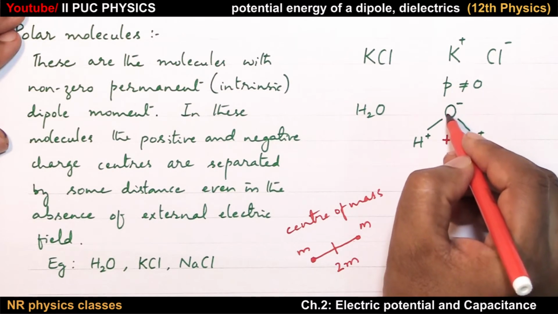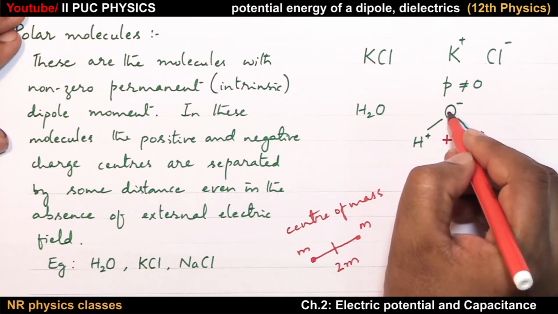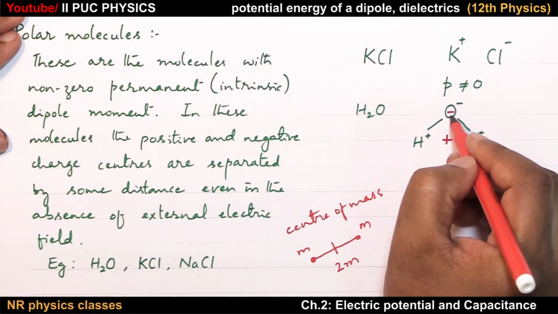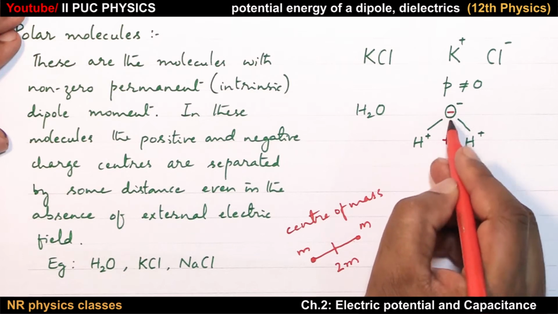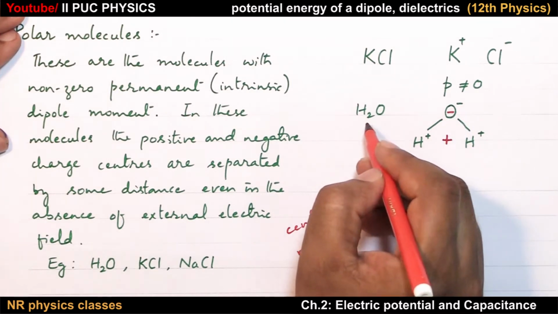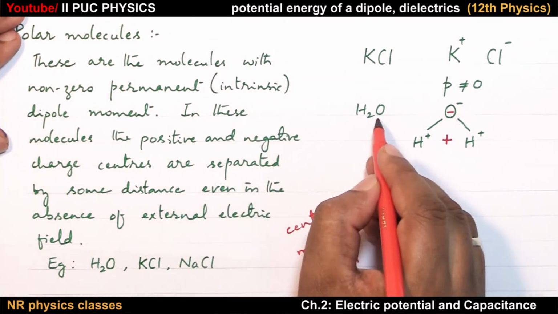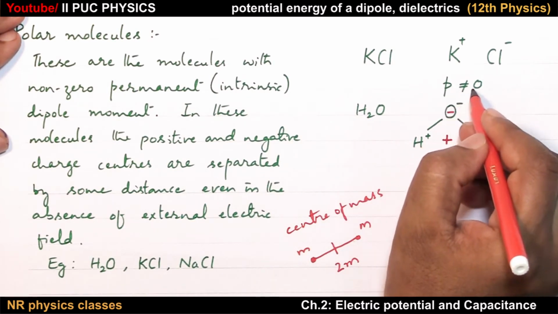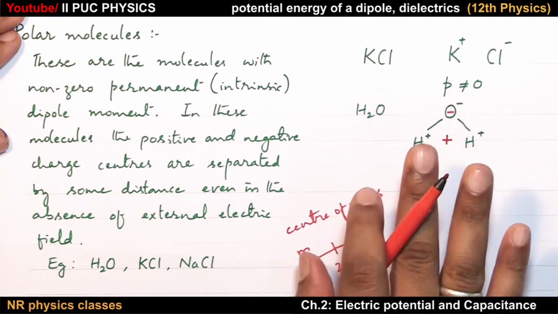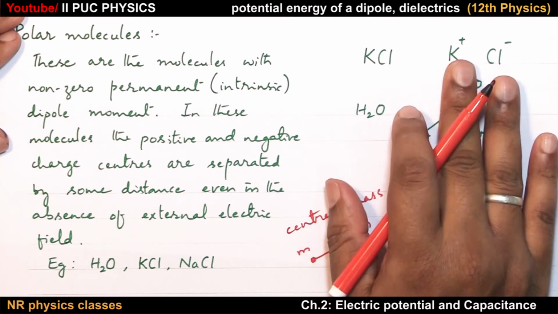So this is the positive charge center of these two. Since this is oxygen with negative sign, this is the center of negative charge. There is positive charge and negative charge separated by some distance, which means water has intrinsic dipole moment, and in the case of water also the dipole moment is not equal to 0. We are not applying any electric field.